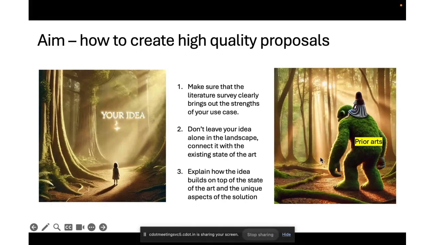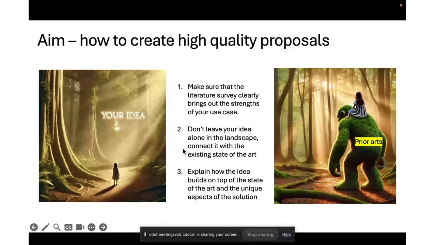So this is the real use of literature survey and prior arts. My suggestion will be, when you create these proposals, make sure that the literature survey clearly brings out the strengths of your use case. Clever use of literature survey and prior arts can clearly bring out the strengths of your use case.